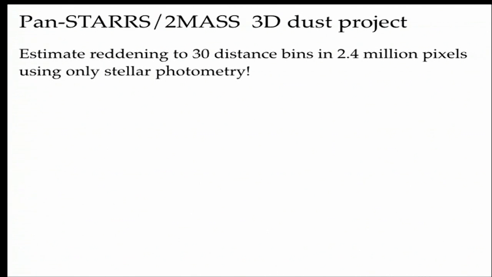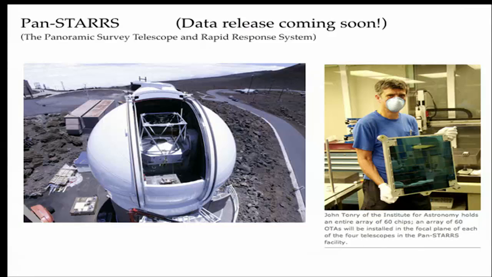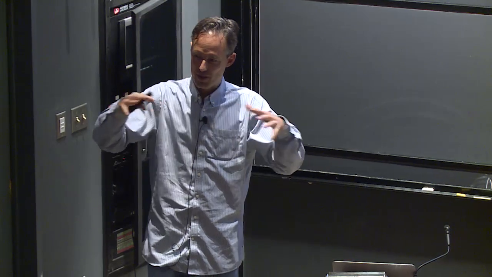So the data we use for this comes from a project called 2MASS. It's a relatively small telescope on Haleakala in Hawaii, 1.8 meter aperture, but it has a big camera. This is the focal plane of the camera, and as you can see in John Tonry's arms here, he's a normal-sized person, and so the focal plane's like this big, paved with silicon.